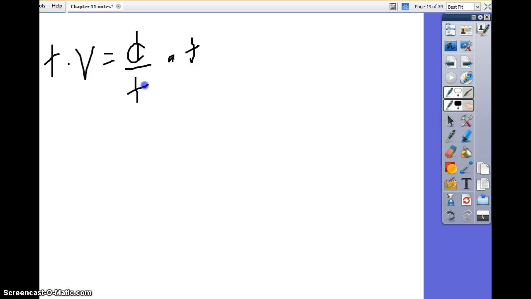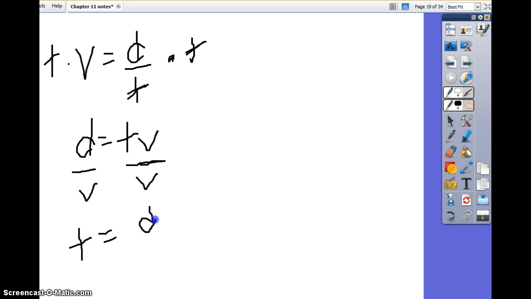That way our t's cancel out, so distance is equal to tv. To solve for time, you want to divide by v on both sides, and t would equal d over v.